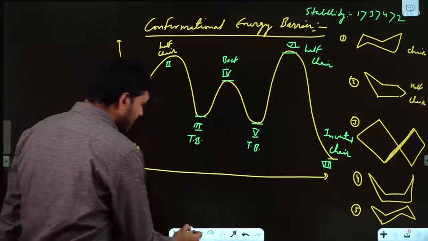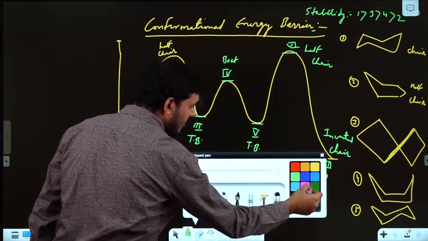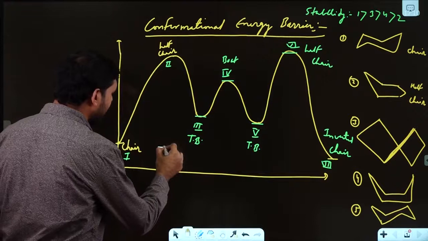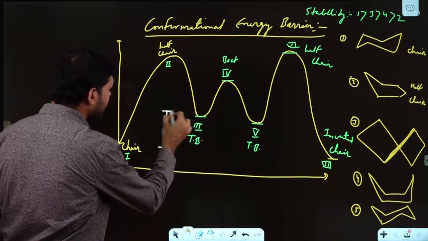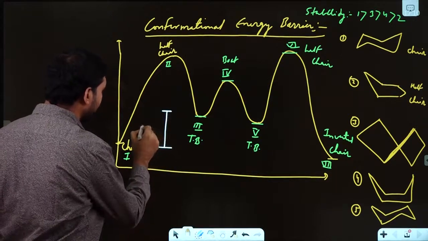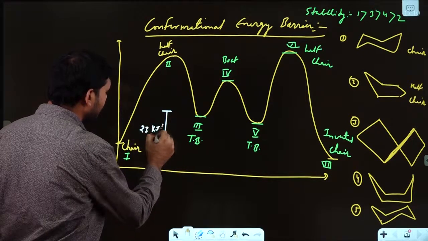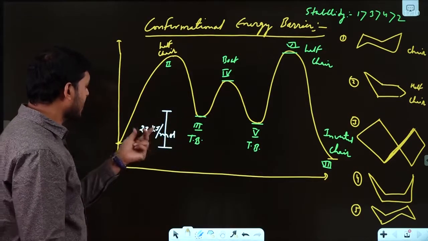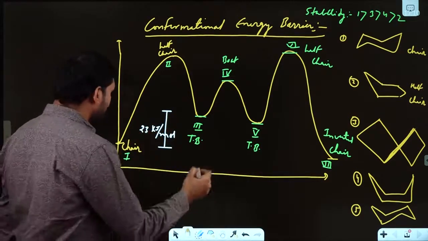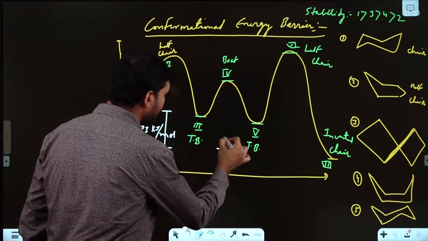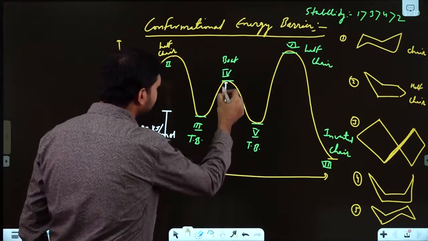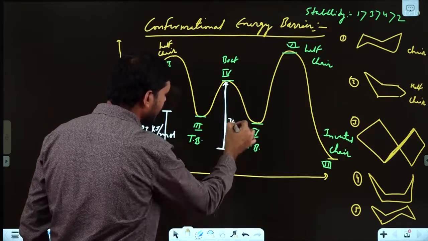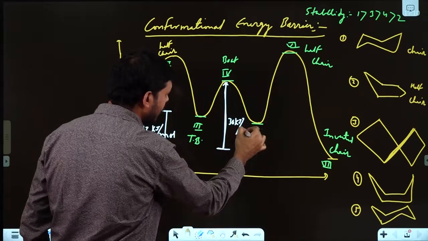Now let's see the energy barrier on interconversion from one form to another form. Okay, so with respect to chair form, if I see twist boat, this energy barrier is approximately 23 kilojoule per mole. From chair to twist boat it is 23 kilojoule per mole. Now with respect to chair and boat conformer, this is approximately 30 kilojoule per mole.